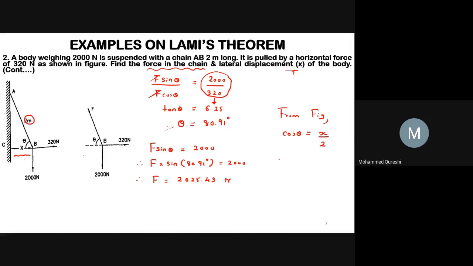So we may write that cos theta equals x by 2, and we get the value of theta as 80.91 degree equals x by 2. Therefore, our x will be cos 80.91 into 2, which will be equal to 0.316 meter. So, this is the lateral displacement of the body, and this is the force in the chain.